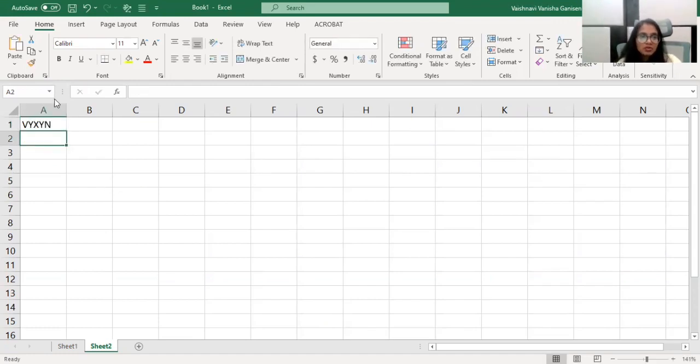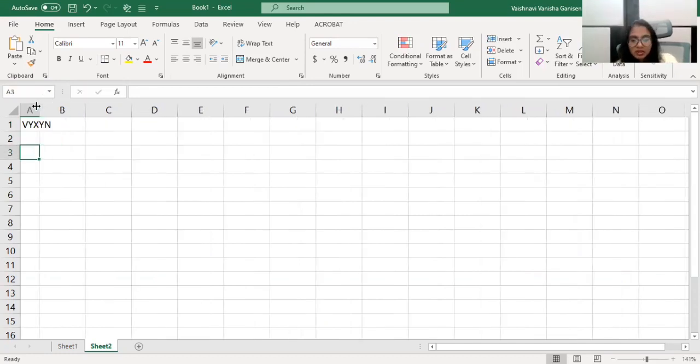Okay, now when you do this, step number one is to calculate the expected NPV.